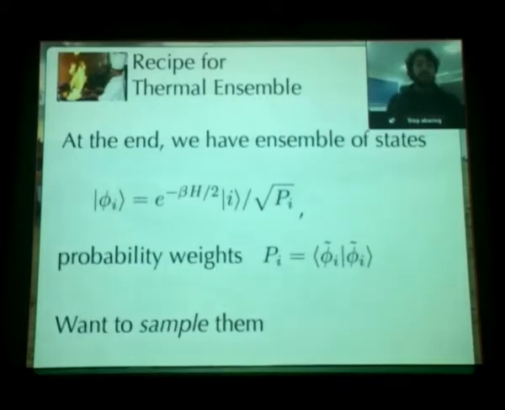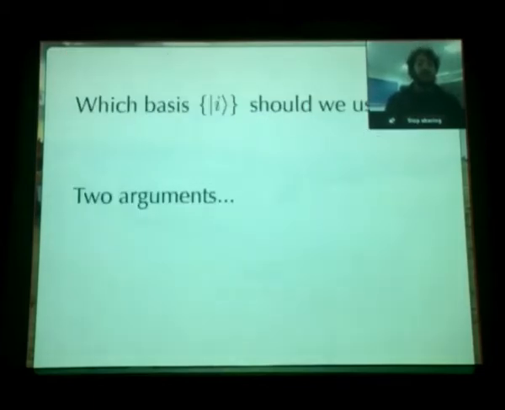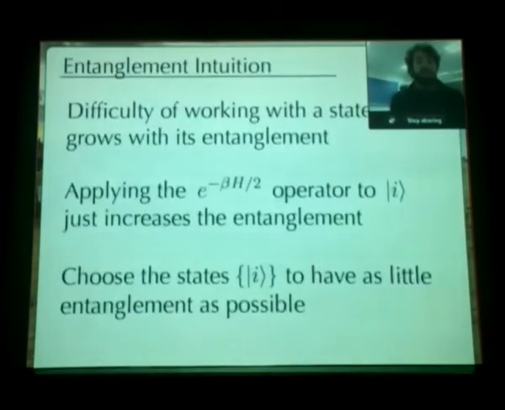But which basis I should we use to seed this? We have to start from some basis to apply this imaginary time evolution to. I'll give you two arguments, on this slide and on the next, that will lead us to the basis we want to use. One is thinking about entanglement. In DMRG methods, in matrix product state methods, the difficulty of working with a state grows with its entanglement.